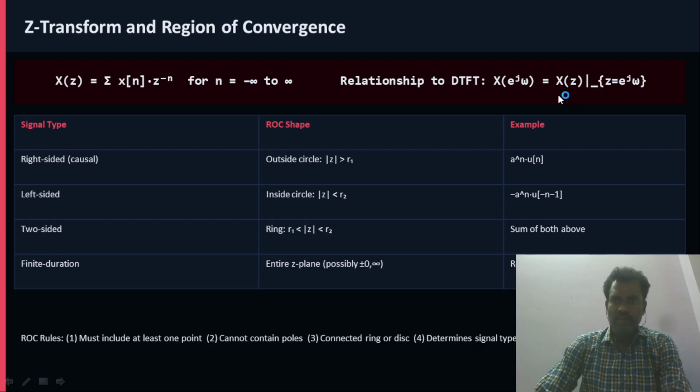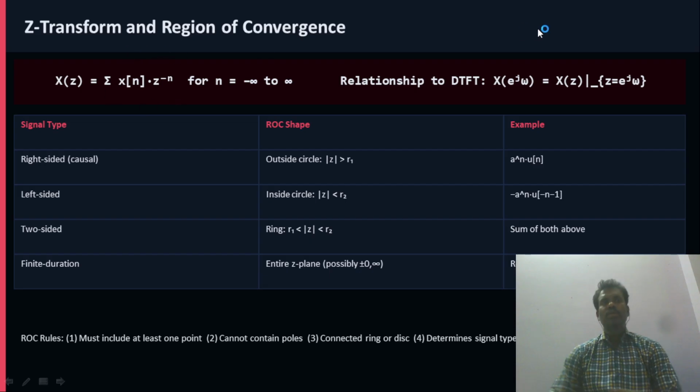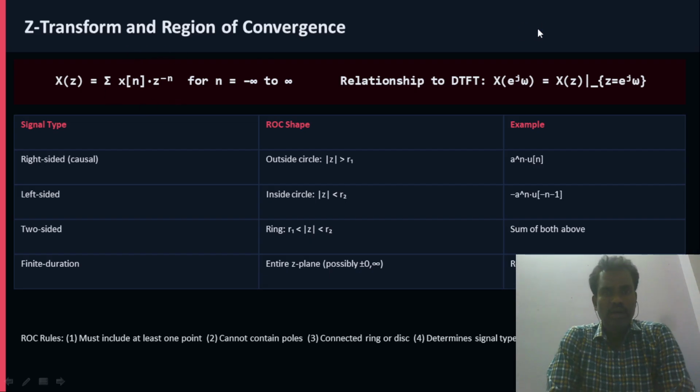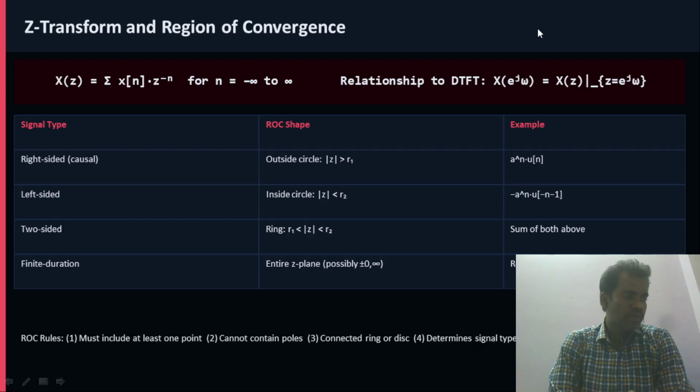But why are we moving from discrete Fourier transform to z transform? It is also a discrete case only. But what is the need for going for z transform instead of using Fourier transform? There is a condition for Fourier transform to exist. To calculate the Fourier transform of any discrete time signal, it must be absolutely summable.